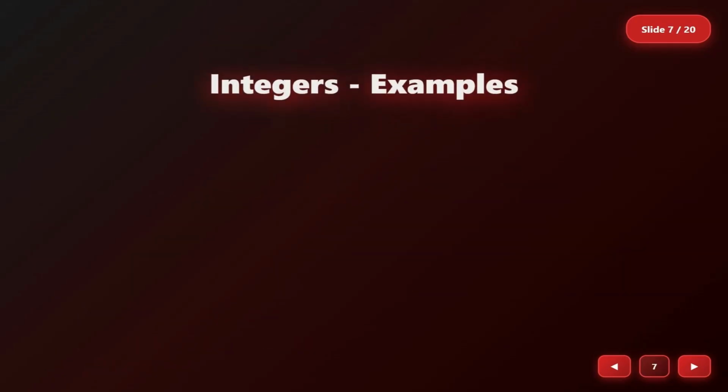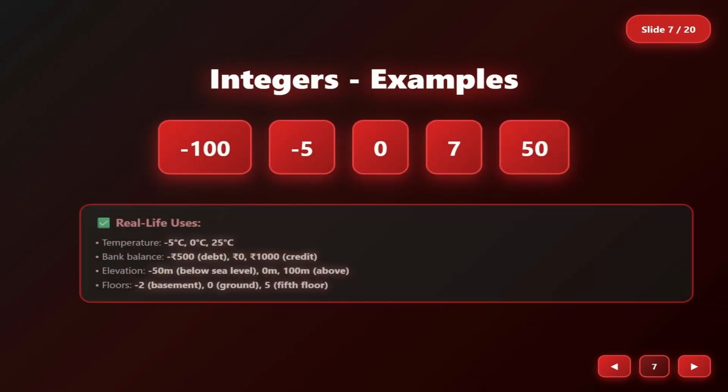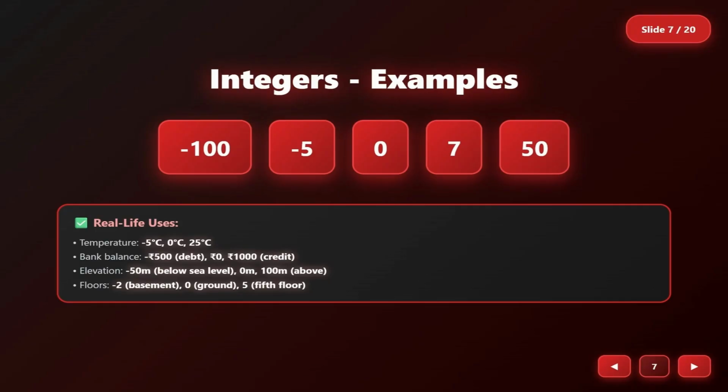Let's see integers in the real world. Check out these examples. -100, -5, 0, 7, 50. All these are integers. Where do we use negative numbers? Temperature. -5 degrees centigrade, 0 degrees centigrade. Bank balance, -500 rupees or plus 1000 rupees.